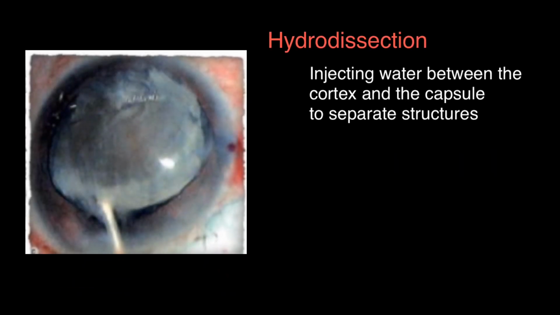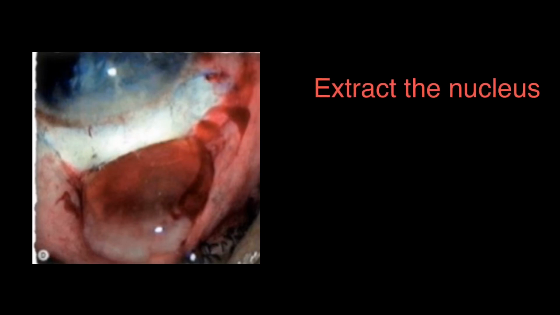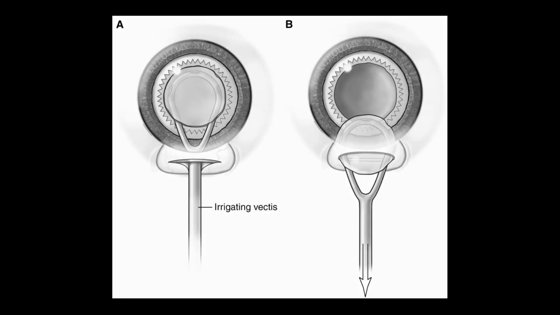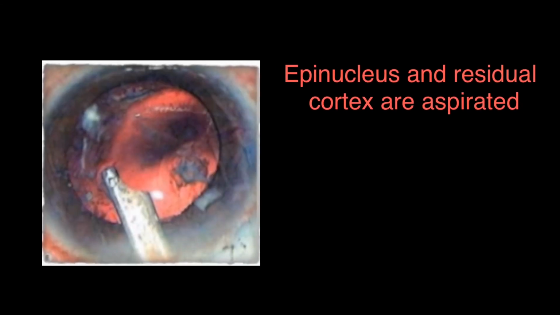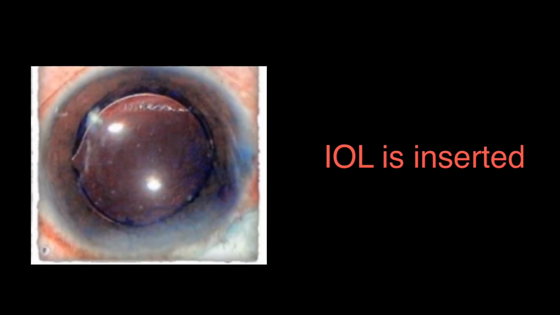Hydrodissection, or injecting water between the cortex and the capsule to separate structures, is performed and the nucleus is partly prolapsed into the anterior chamber. A small hook is inserted between the posterior capsule and the nucleus, and the nucleus is extracted. It is also possible to extract the nucleus with an irrigating vectis. The epinucleus and the residual cortex are aspirated with a Simcoe cannula and the intraocular lens is inserted.